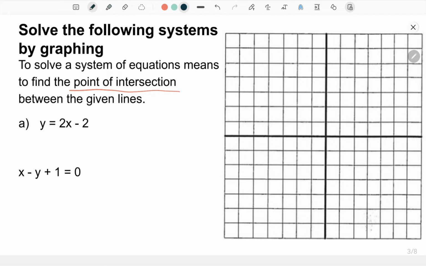Okay, so we have the equations of the lines y equals 2x minus 2 and x minus y plus 1. Let's graph these out. For the first line, we can see that it's in slope y-intercept form. The number 2 is the slope, and the negative 2 is the y-intercept.